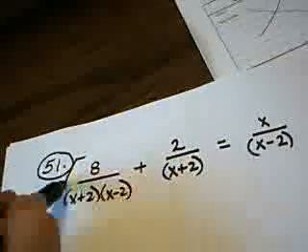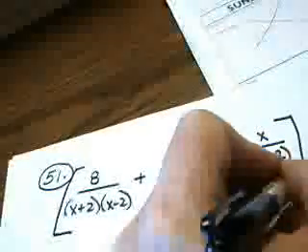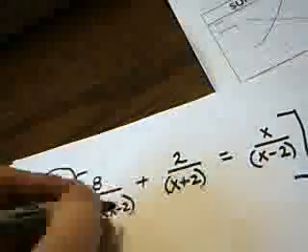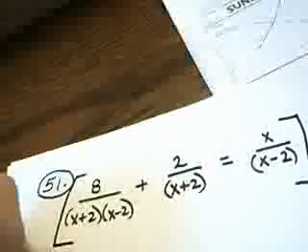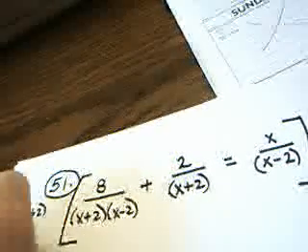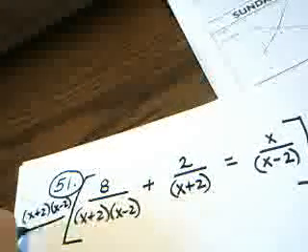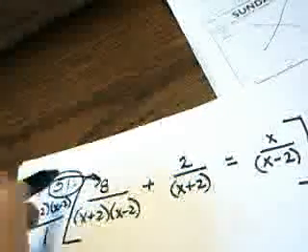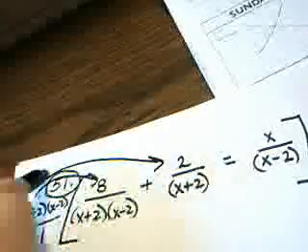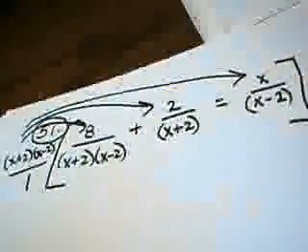To start, I'm going to take this entire equation and multiply it through by the LCD. The LCD here would be x plus 2 times x minus 2. I'm going to multiply this by it, as well as this, as well as this.